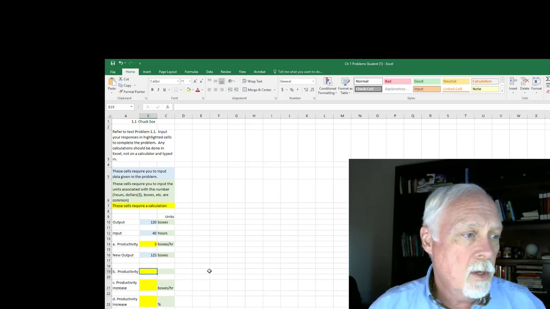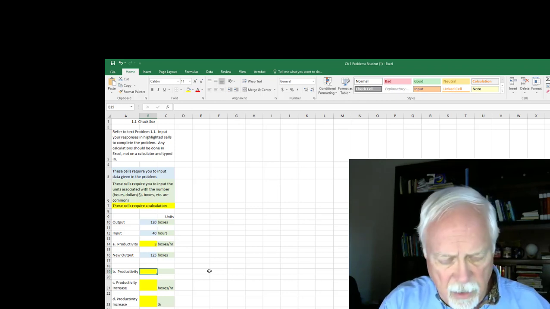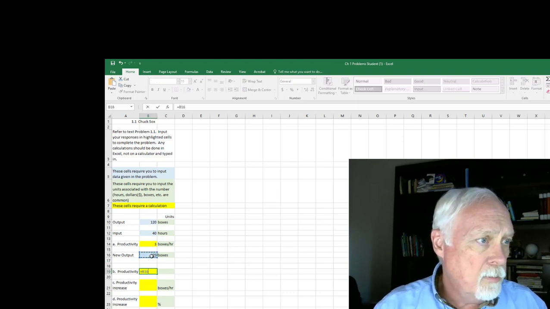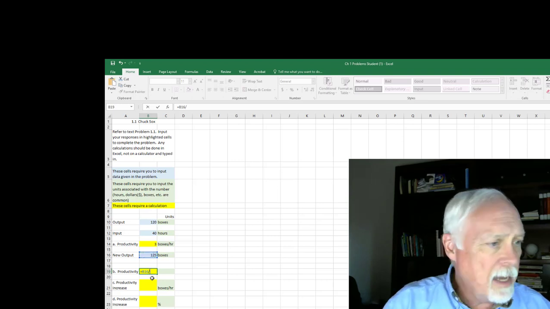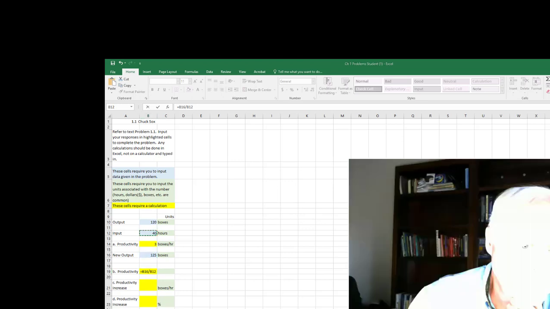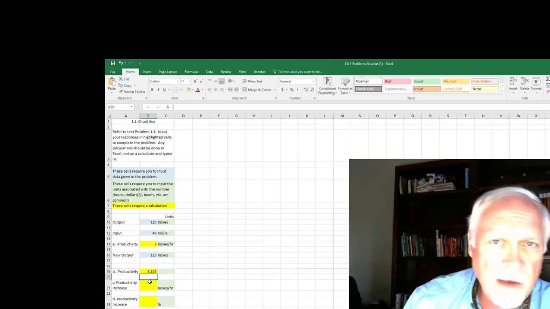And so we've got new productivity, and that's equal to B16 divided by, and it's the same input as before, B12. So we have a new productivity of 3.125.